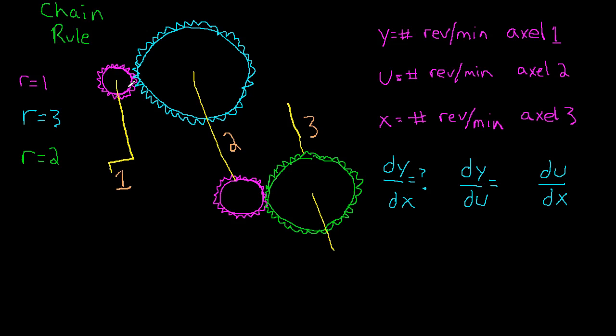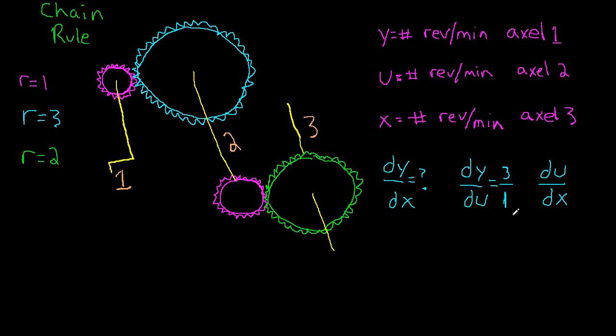So if this only rotates once, then this big sprocket's only going to rotate 1/3. This one would actually have to rotate 3 times in order to turn the great big sprocket once. Well, there's your dy/du. In other words, the change in y: that first axle would have to turn 3 times in order to turn axle number 2 1 time.